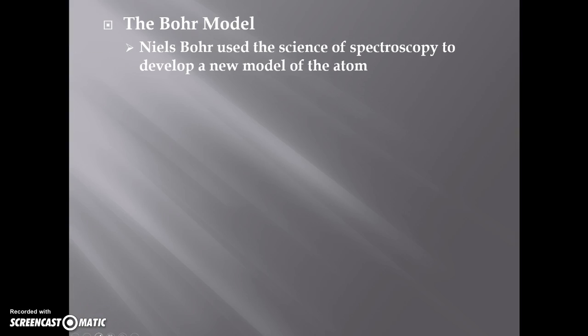And he used the science of spectroscopy to discover a new model of the atom. What spectroscopy is, it's basically taking different elements or compounds and then looking through a spectroscope, and it breaks the energy that's given off, or the light that's given off.